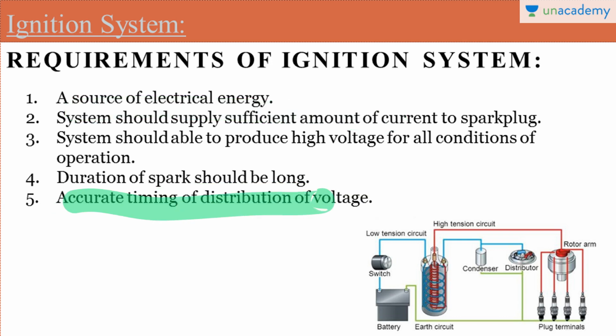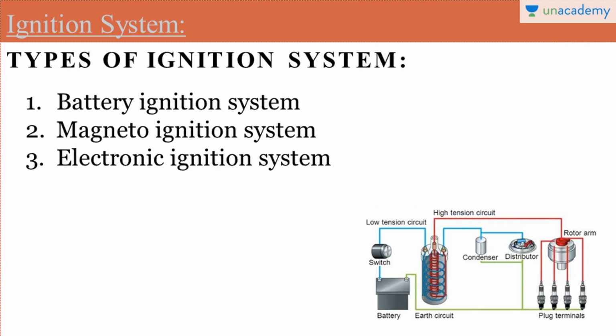Now let's move toward the types of ignition system. What are the basic types of ignition system? As I told you, the first requirement of the ignition system is a source of electrical energy. There are a lot of sources of electrical energy generally used in ignition systems.